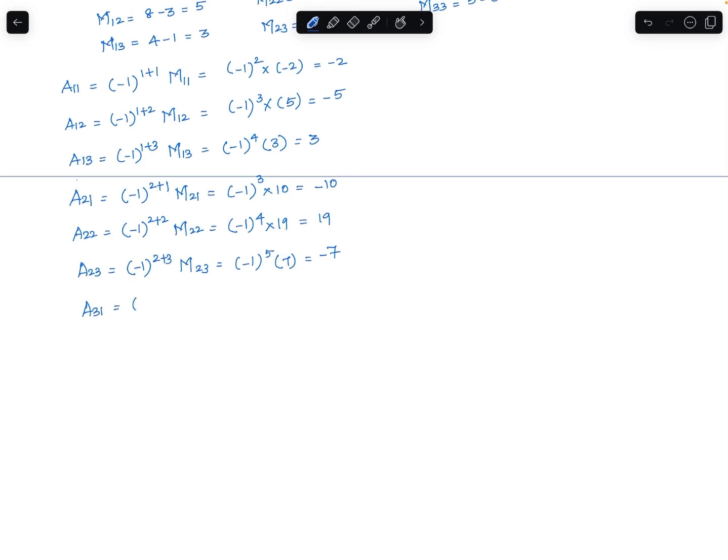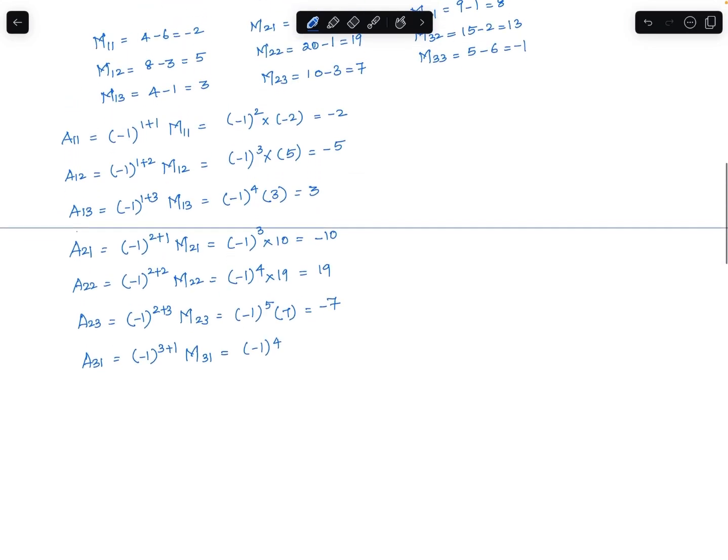A31 is minus 1 to the power 3 plus 1 times M31, which is minus 1 to the power 4 times 8, which is 8 itself.